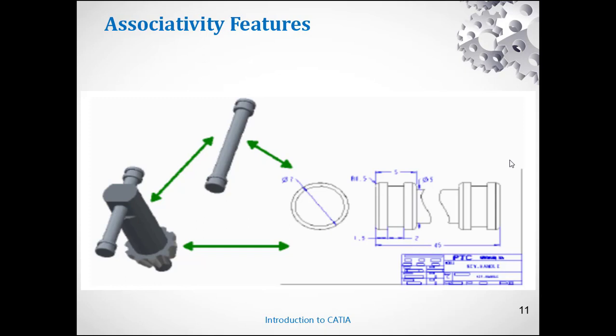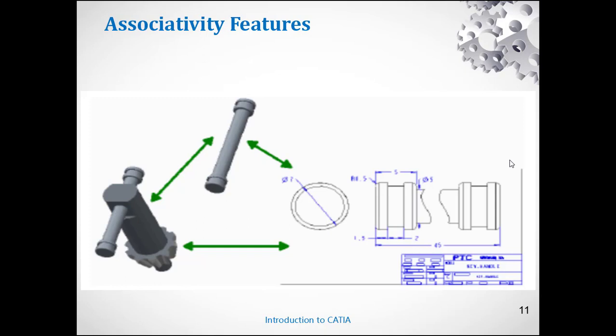The answer is no. I don't need to change the dimensions in all the environments. The software itself maintains the associativity property, so if I change the dimension of the rod in any of the environments, it will automatically update the same dimensions in all the remaining environments.